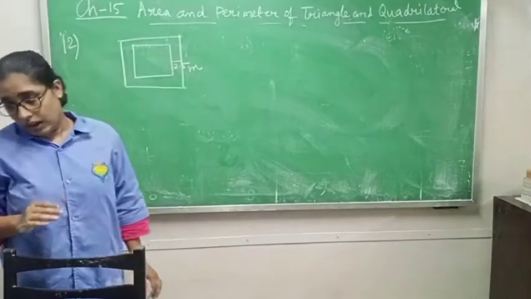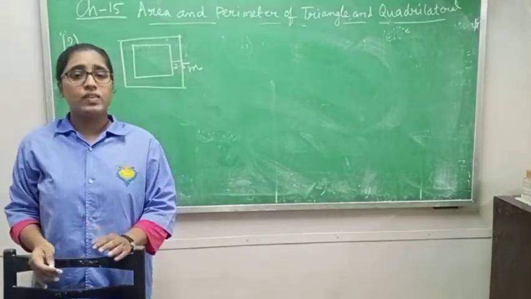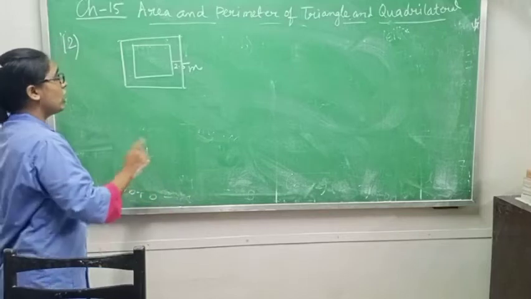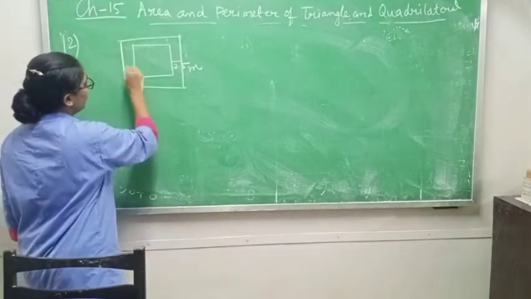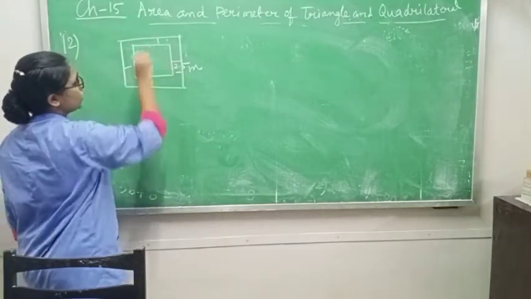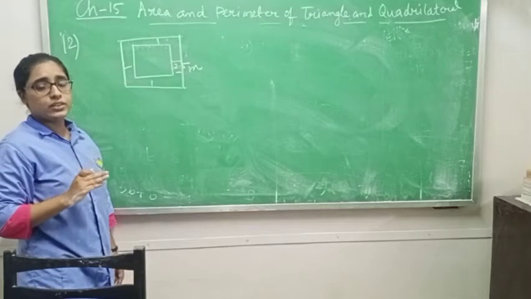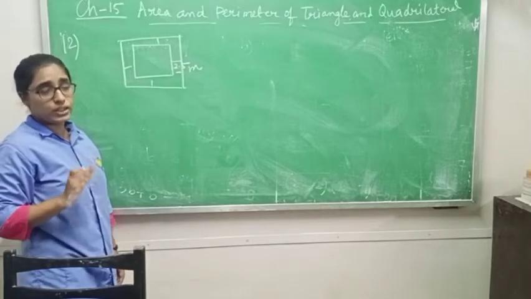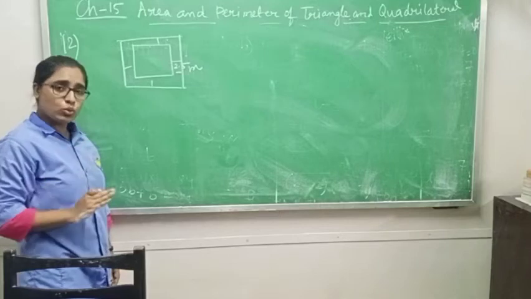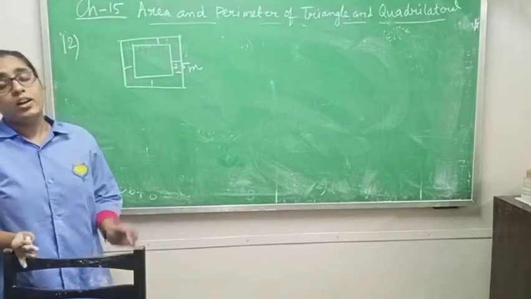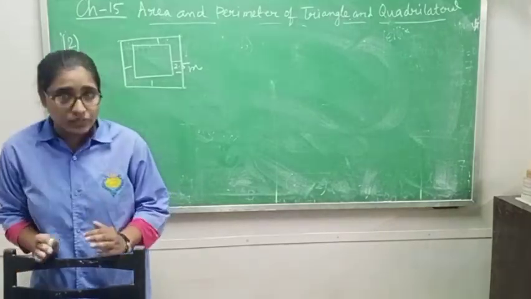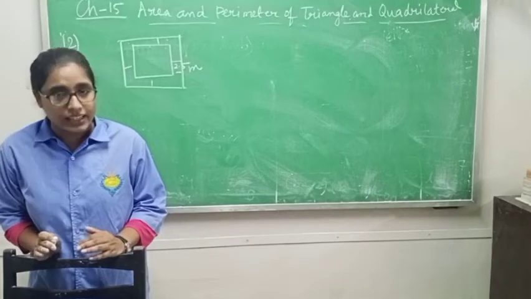And one more thing is given, the area of the path. The area of the path means these four parts, this one, this one, this one and this one. The area of the path is already given, 165 meter square. Now they are saying to find the area of the garden and the diagonal.